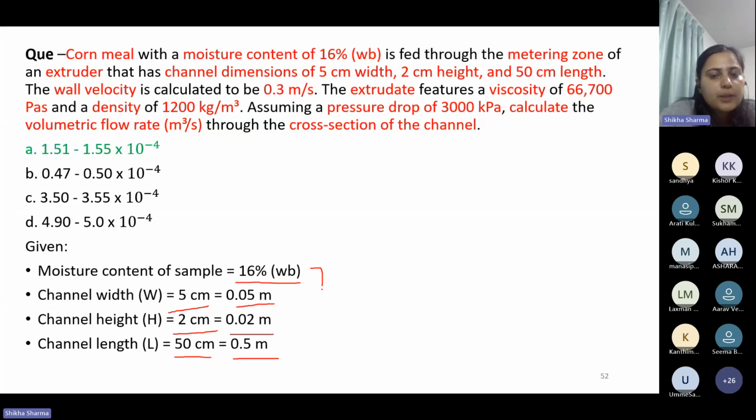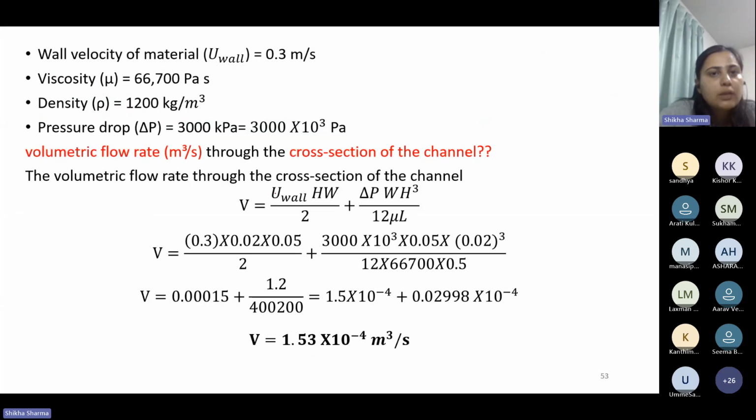Now the wall velocity, the velocity of the material in touch with the wall, is 0.3 meter per second. Viscosity is given as 66,700 pascal second. Density is 1200 kg per meter cube. Pressure drop is 3000 kilopascal, which is 3000 into 10 to the power 3 pascal. We need to calculate the volumetric flow rate through the cross section of the channel.